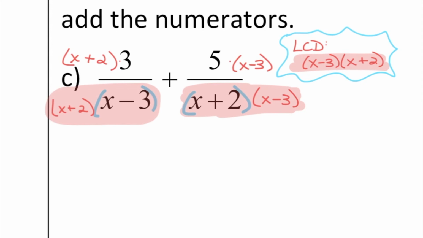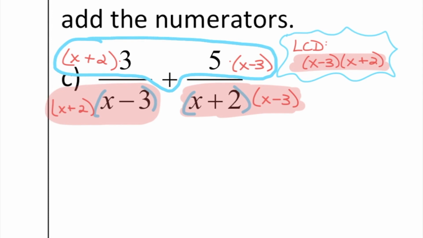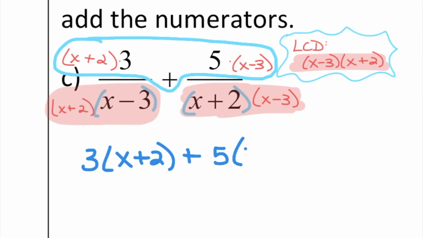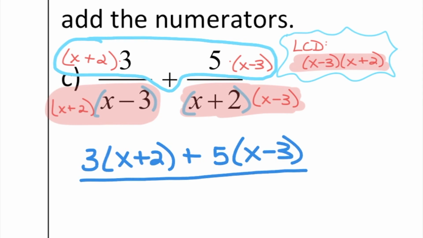And so I'm going to write the entire numerator here as one ginormous addition problem. So 3 parentheses x plus 2, plus 5 parentheses x minus 3, all over my common denominator, x minus 3 times x plus 2.